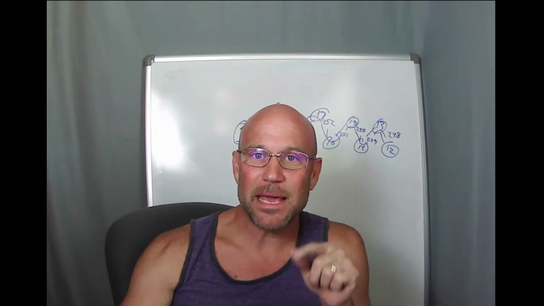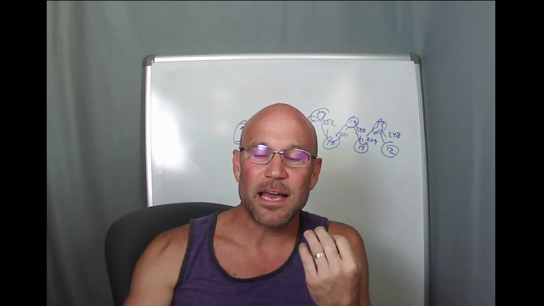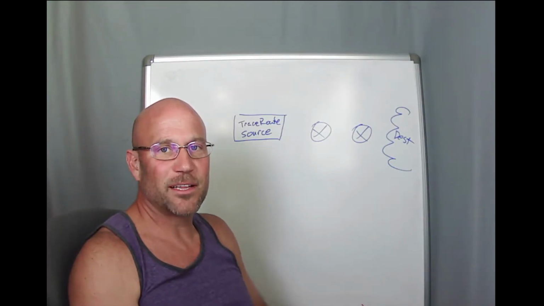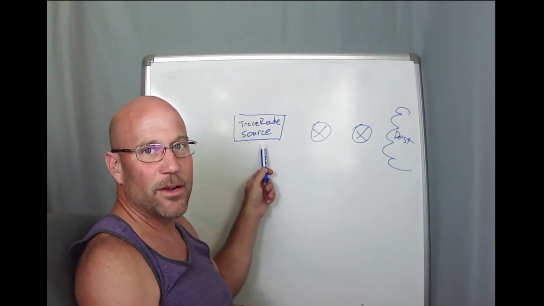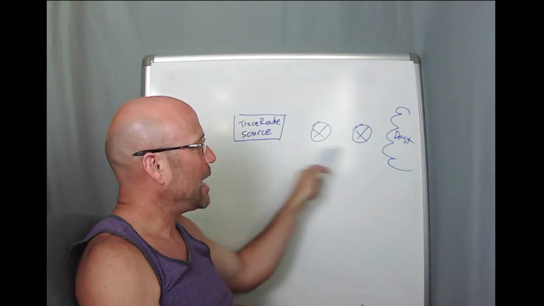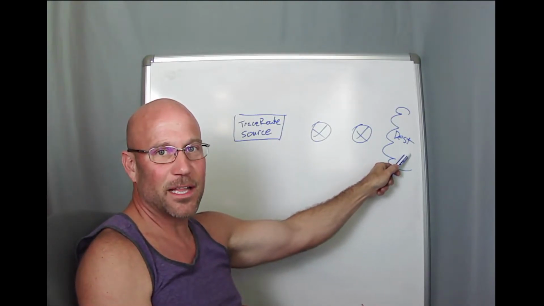And this brings me to what Traceroute does in making use of this behavior in routers and the TTL expiration. What the Traceroute utility does when executing here on this Traceroute source, this is where you want to execute the Traceroute command, and you're tracing to a destination out here in the cloud.